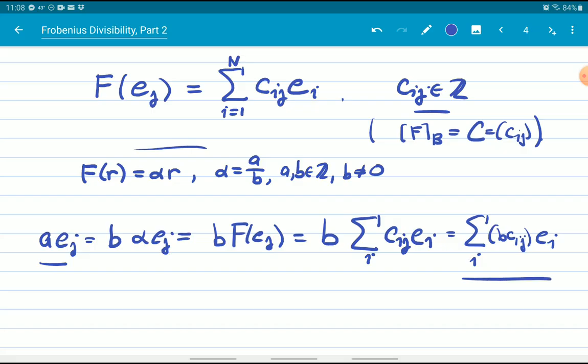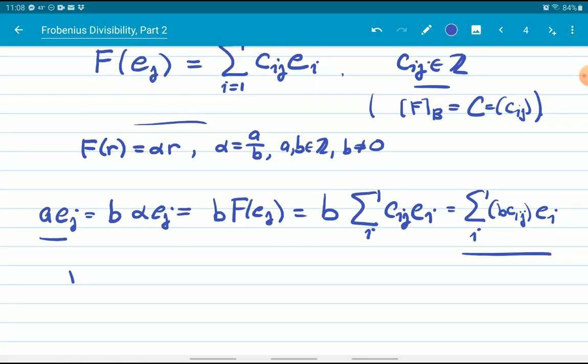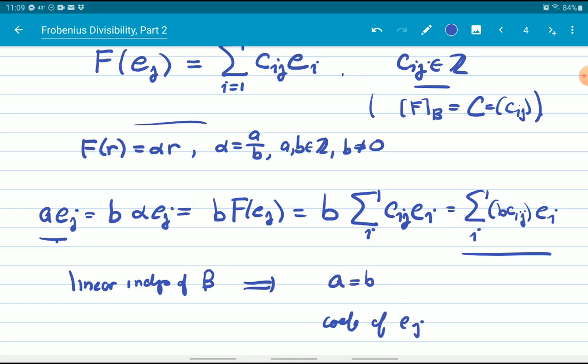That equals that. Because it's a basis, that set of elements is linearly independent, and therefore if these are equal, I can say that the coefficients are equal. In particular, we get an equality of coefficients of ej, a equals b cij. Those are all integers, so in fact, a over b is cij, which is an integer.